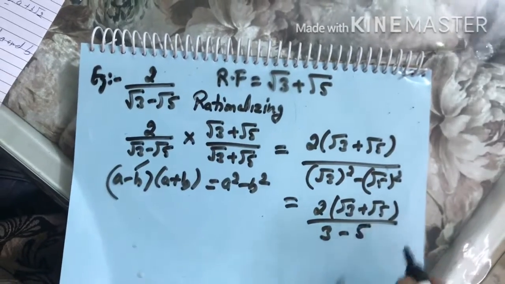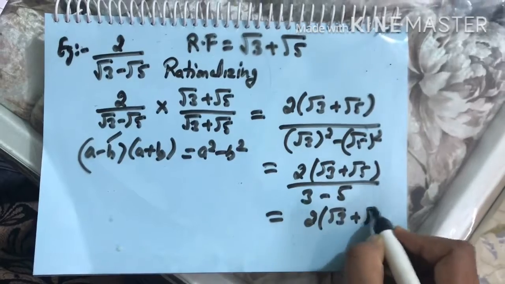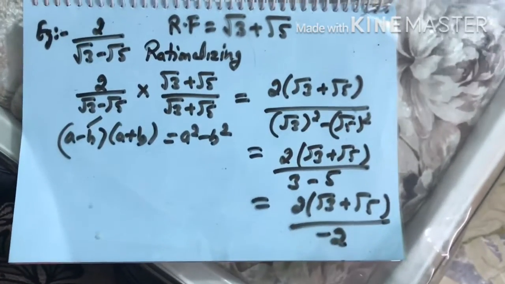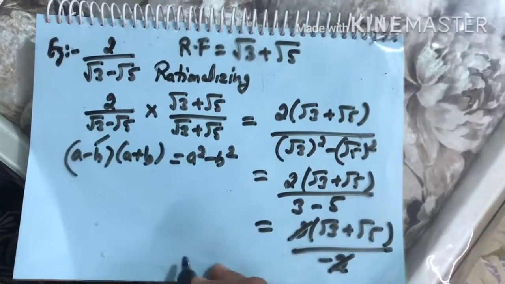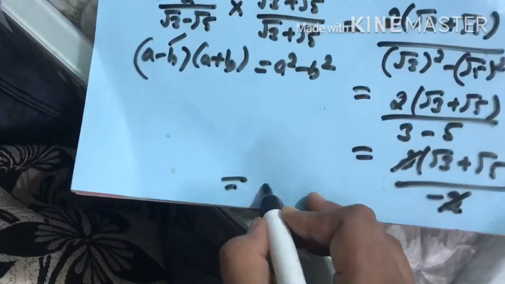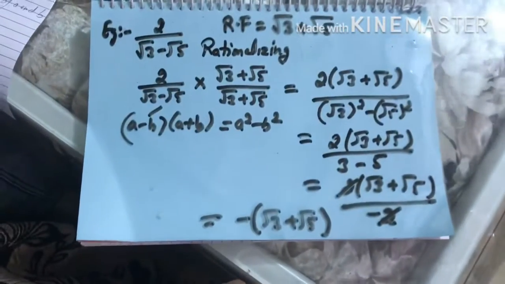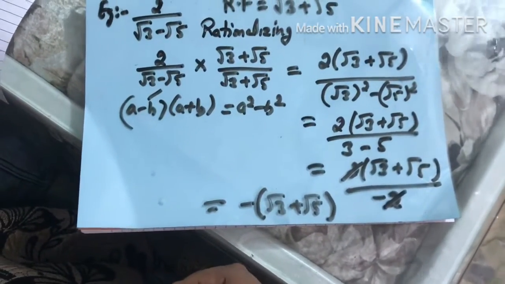Root 5 square becomes 5. So 2 (root 3 plus root 5) upon minus 2. So 2 divided by 2, and that minus is shifted here. So our result becomes minus (root 3 plus root 5). That is our result. So I hope rationalization is clear to you.